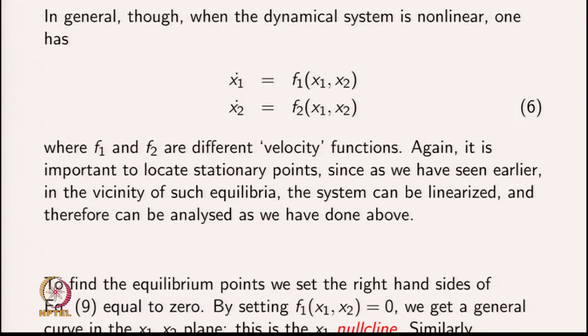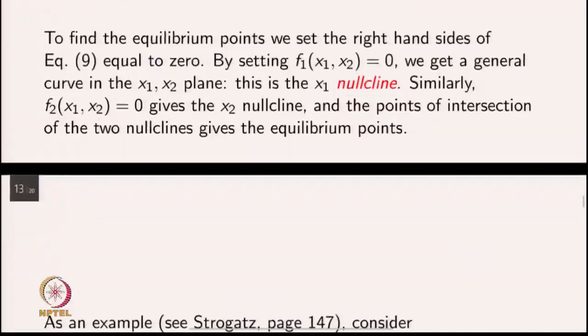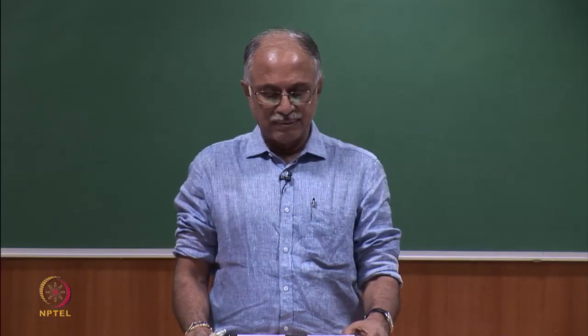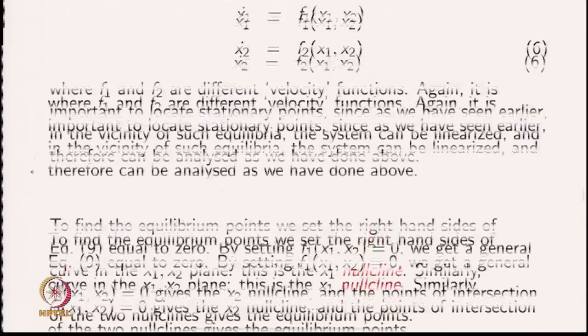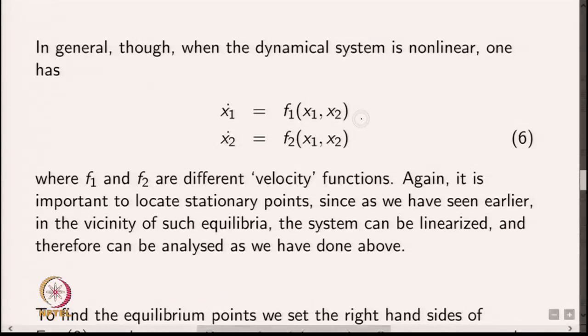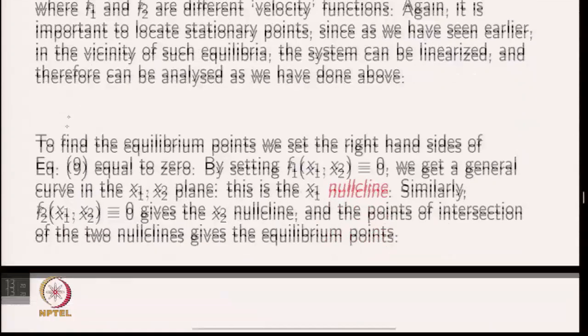So, we start by linearizing. In order to find the equilibrium points, we start by setting the right hand side of these equations equal to 0 to find those points where the entire vector field will vanish.